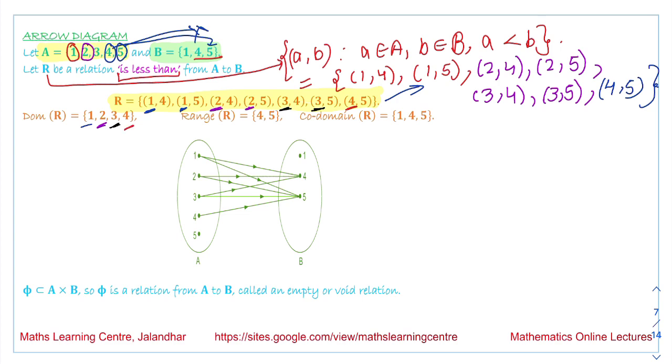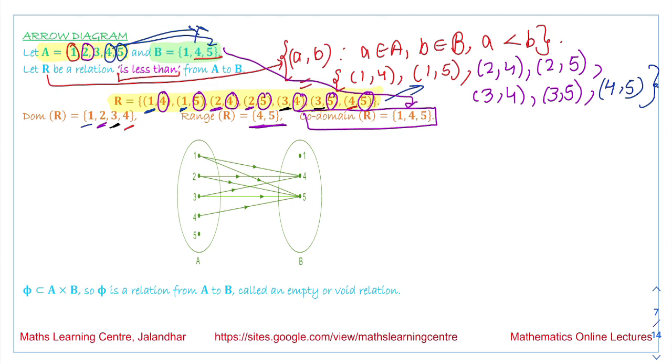When we are talking about the range, we have the elements 4, 5, 4, 5, 4, 5 and 5. So the range is 4, 5. And the codomain of R is equal to the set B. So the codomain is 1, 4 and 5.